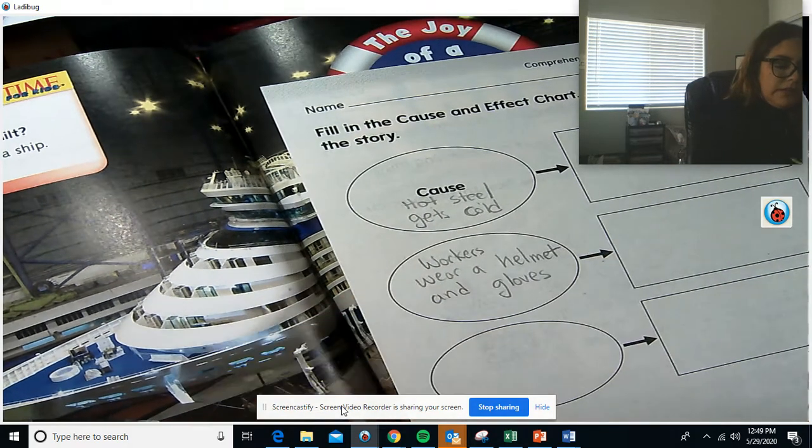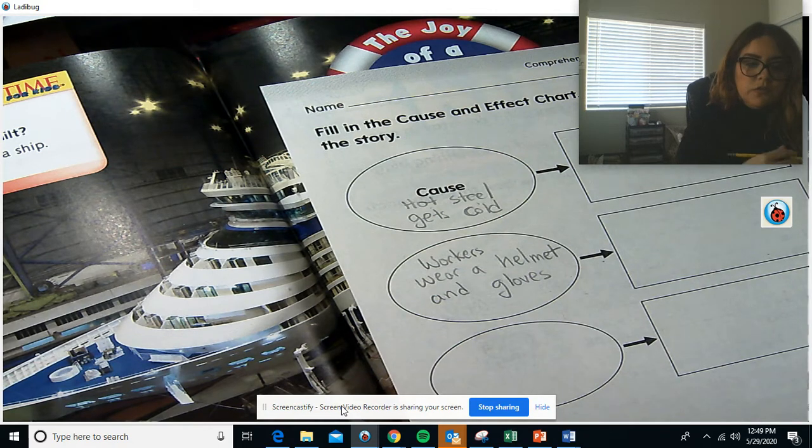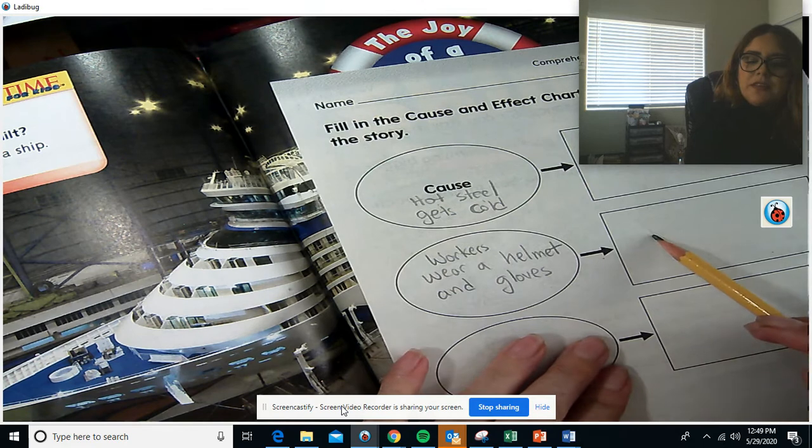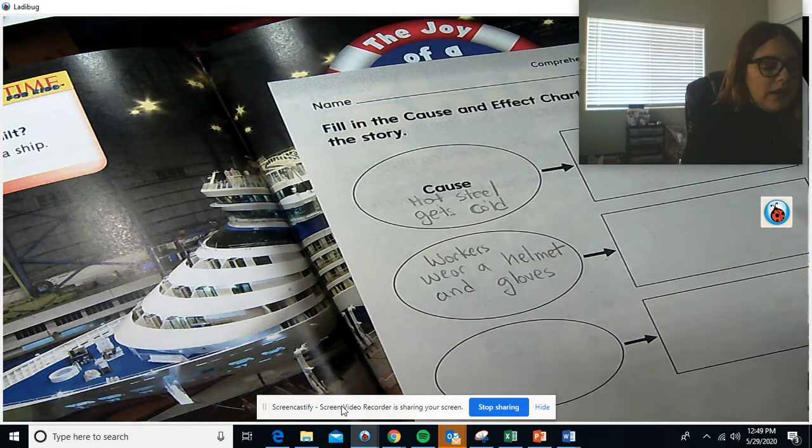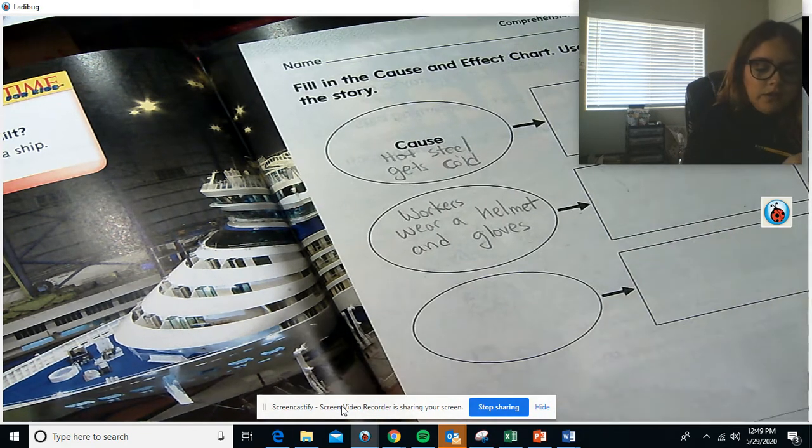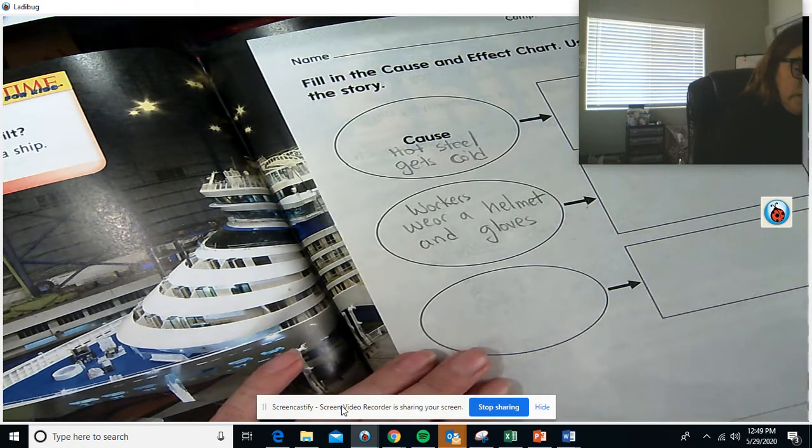So what happens? This is the cause. The workers wear a helmet and gloves. What happens because of that? What's the effect? And the last cause we're going to look at is a joint.